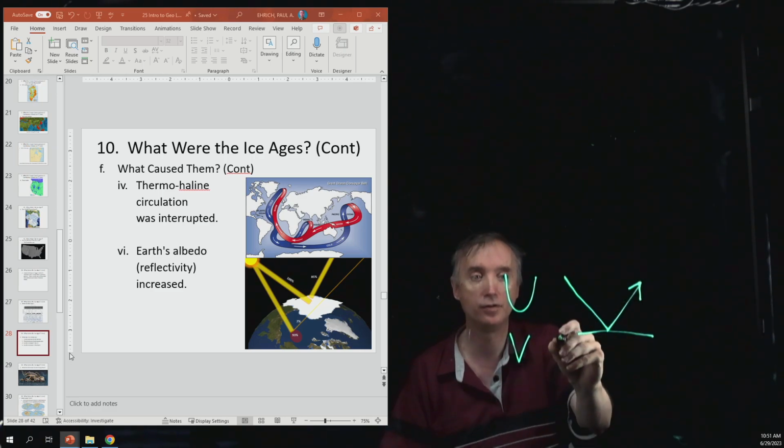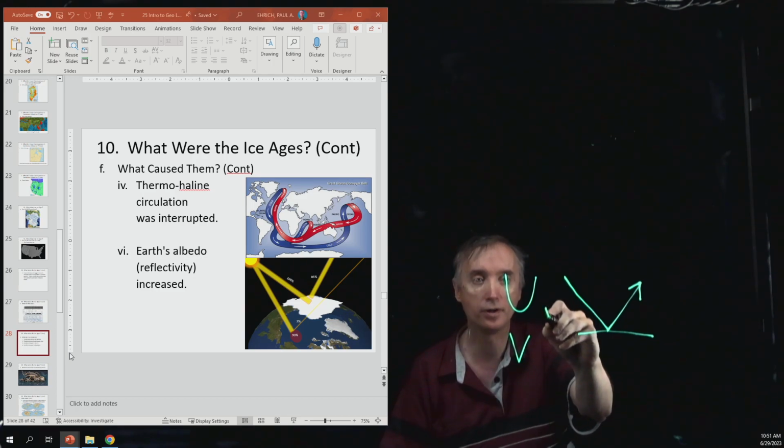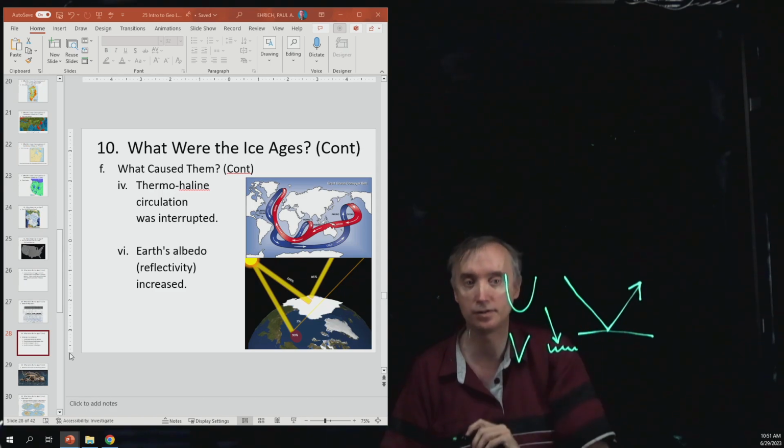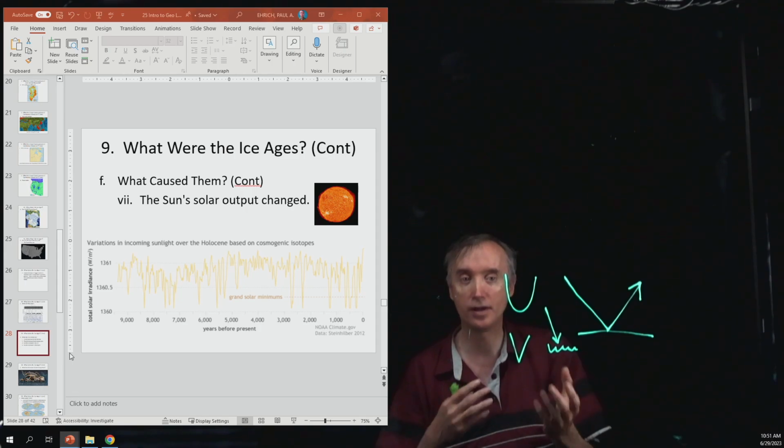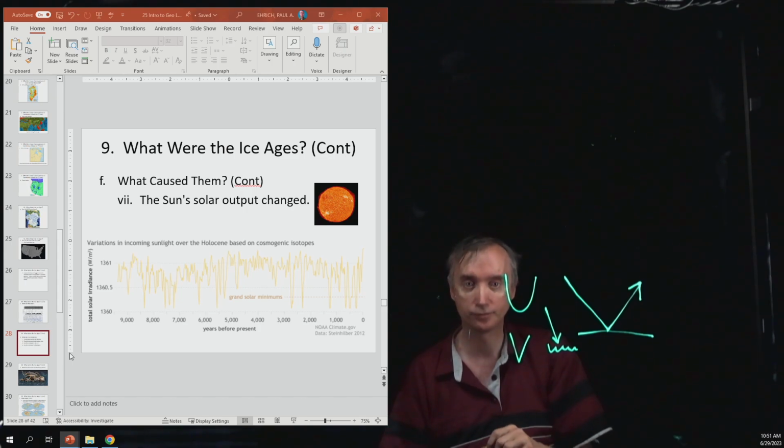On the other hand, if you've got water, water is a good absorber of heat and that energy. Okay, then the sun periodically changes the amount of energy it gives off.